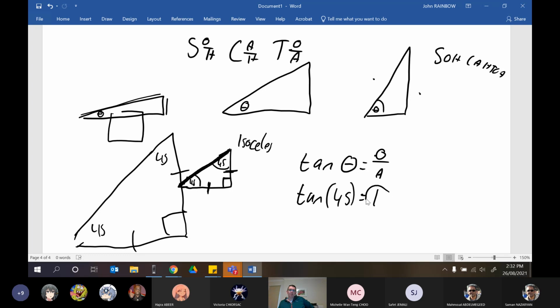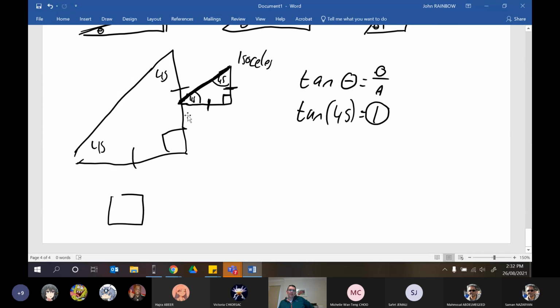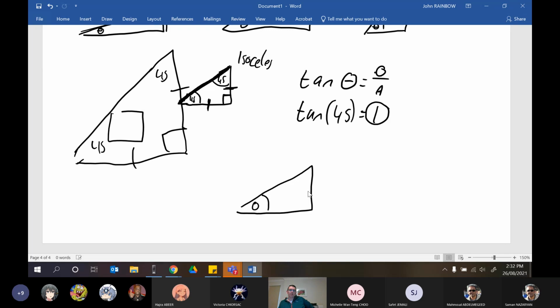Now, how do I get this value below 1? Would this angle need to be a triangle like this, where this is the angle in question? Or would it be like that, where this is the triangle in question? Option number 1 or option number 2? Which one would get this answer to less than 1?